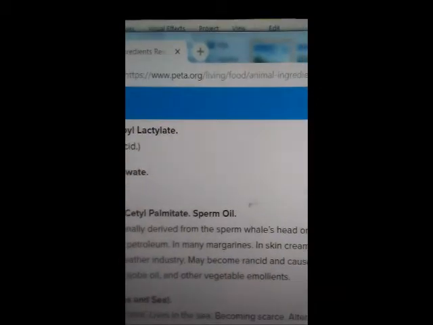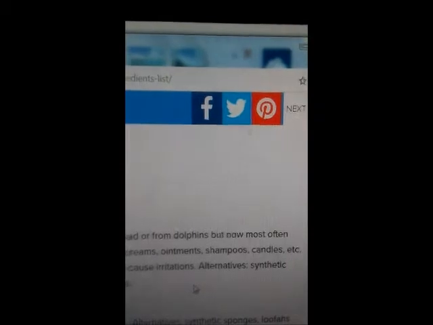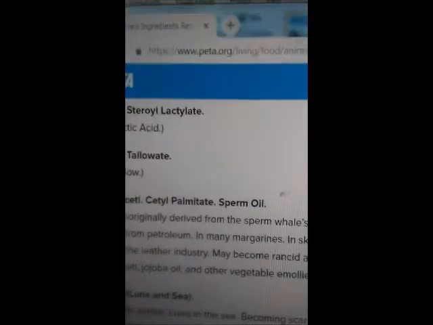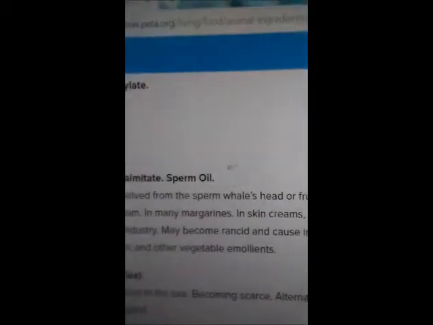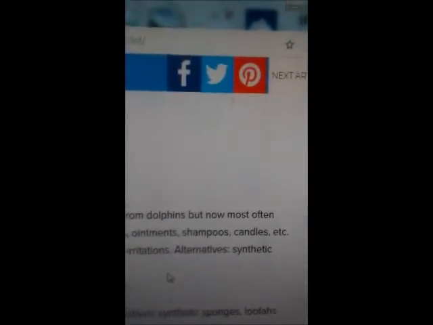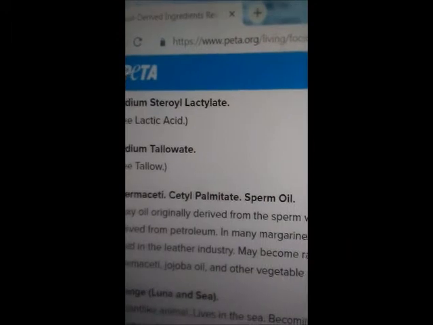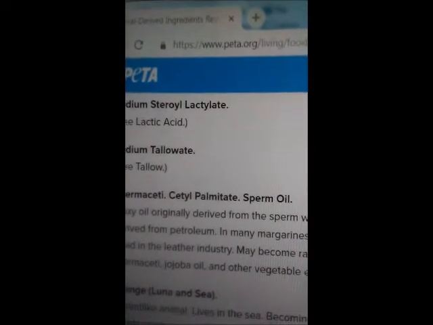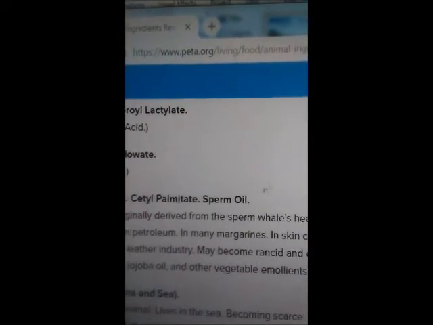In many margarines, skin creams, ointments, shampoos, candies, etc. Used in the leather industry, may become rancid and cause irritation. Alternatives are synthetic spermaceti, or jojoba oil, and other vegetable emollients.